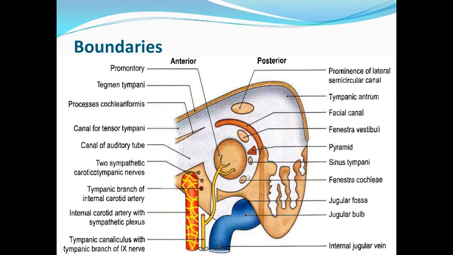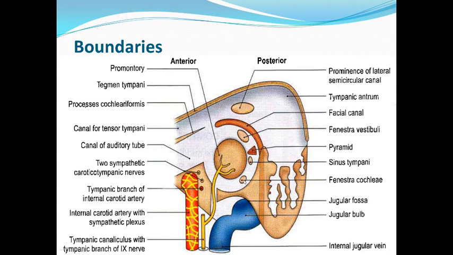These terms, the scala tympani and the cochlea, will be discussed in the internal ear. Don't panic, just remember the terms here. These terms will be explained in the forthcoming video lecture for the internal ear.